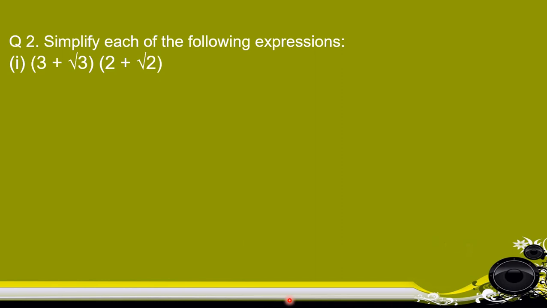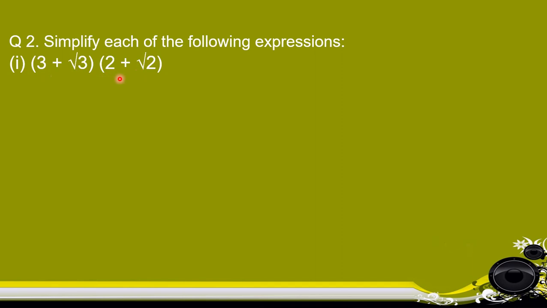The second question of this Exercise 1.5 says simplify each of the following expressions. The first is given: (3 plus root 3) multiplied by (2 plus root 2). Here, as in algebraic expressions, we multiply the quantities like this.